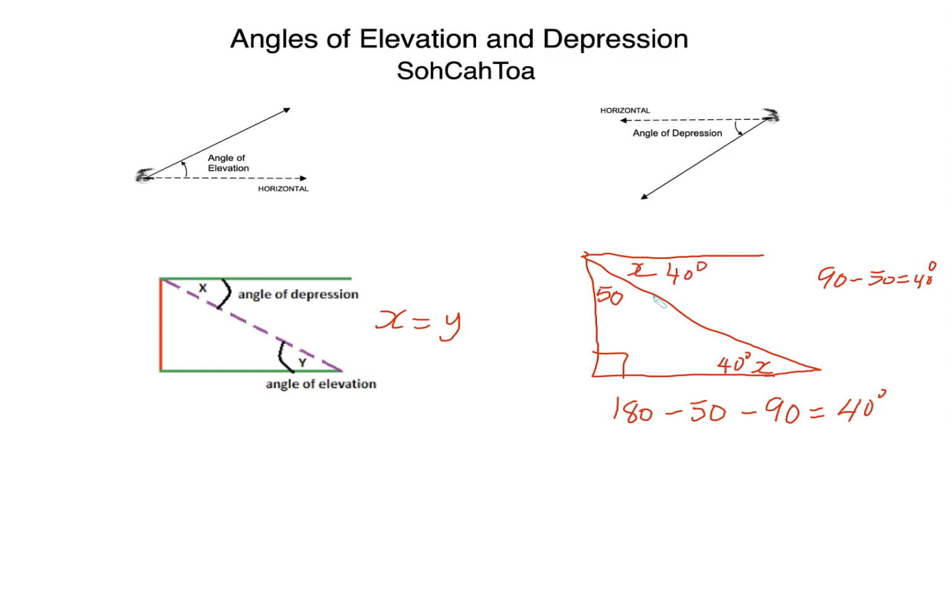So notice this and this are equivalent. My students, when we did this in class, never liked solving angle of depression because the angle was here. So I simply told them, whenever you get the angle of depression, write it as an angle of elevation, problem solved.